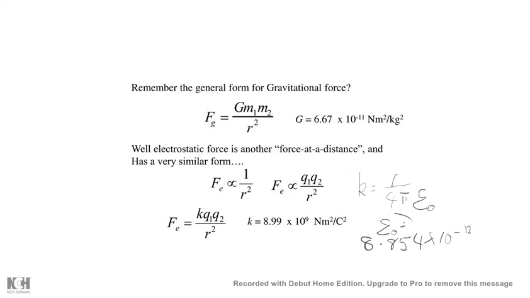Now if you have this small number on the bottom, that makes k this very big number.